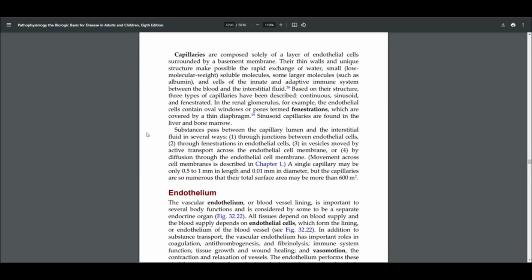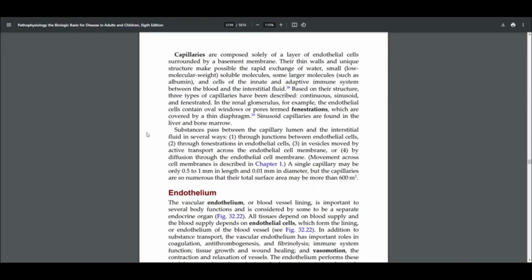Capillaries are composed solely of a large endothelial cell surrounded by a basement membrane. Their thin walls and unique structure make possible the rapid exchange of water, small, low molecular weight soluble molecules, some larger molecules such as albumin, and cells of the innate and adaptive immune system between the blood and interstitial fluid.